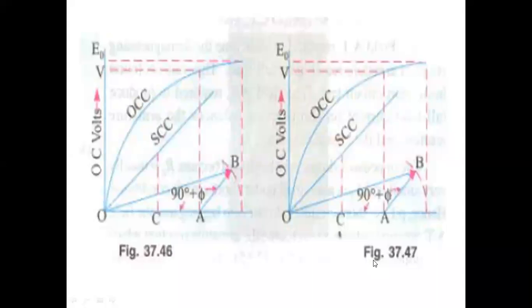And in figure 37.47, it is the complete diagram with OC and SC characteristics, not a circle diagram.